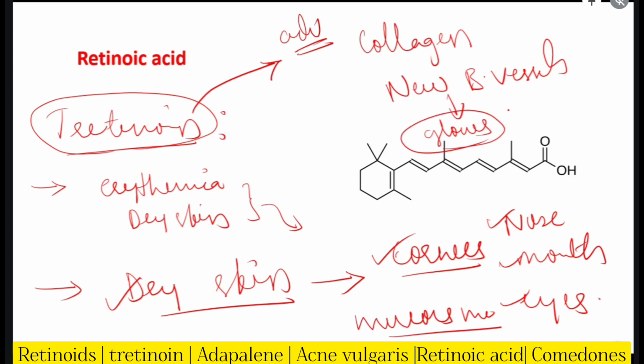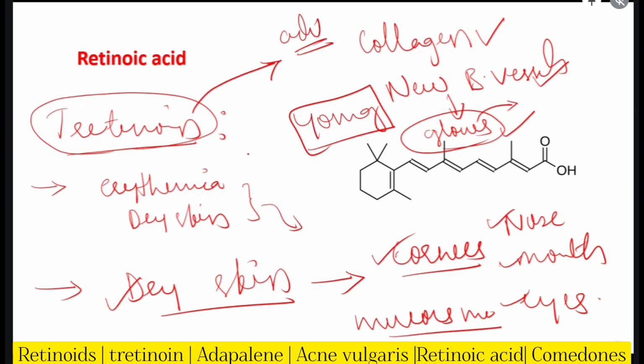That means for older populations, it can decrease the wrinkles and lines on the face. This is one advantage. It can make the face glow and appear like a young person. This is potentiated due to formation of collagen and new blood vessels.